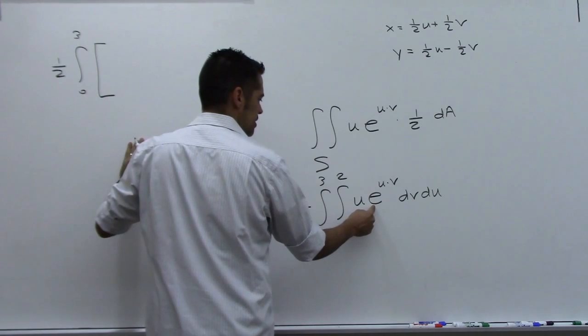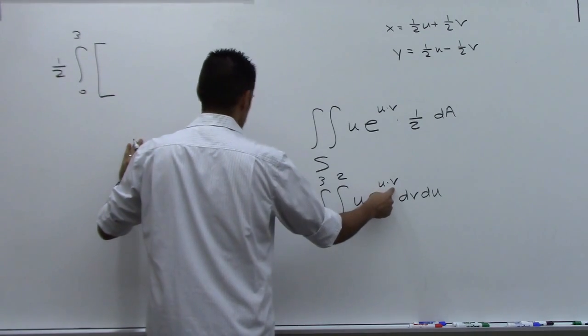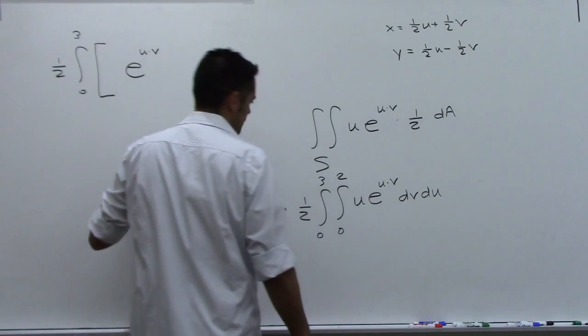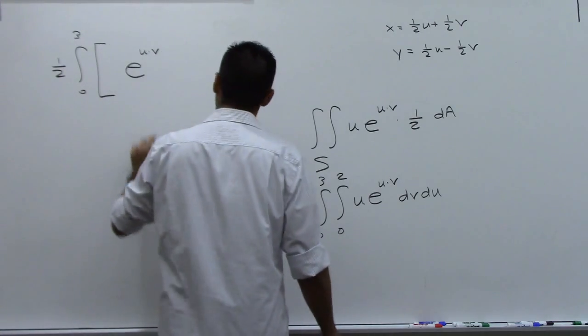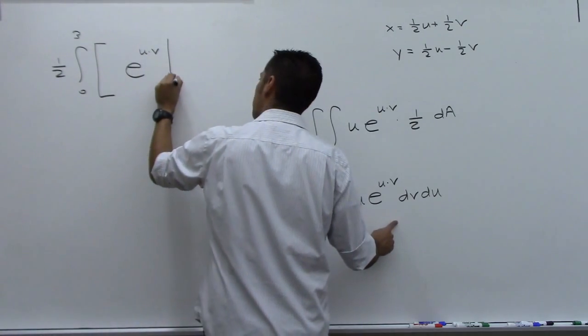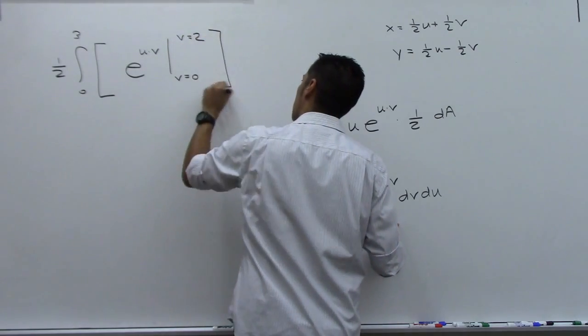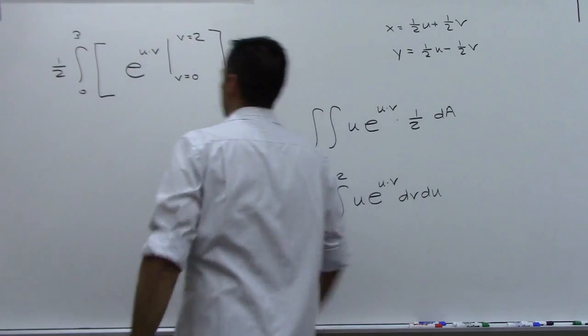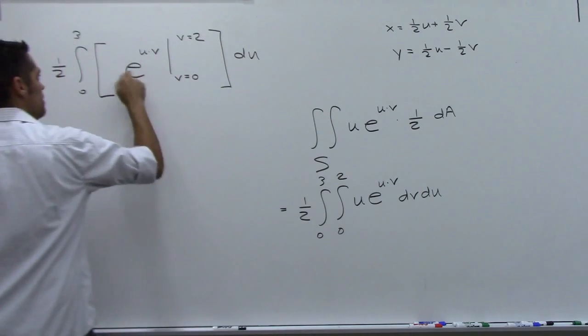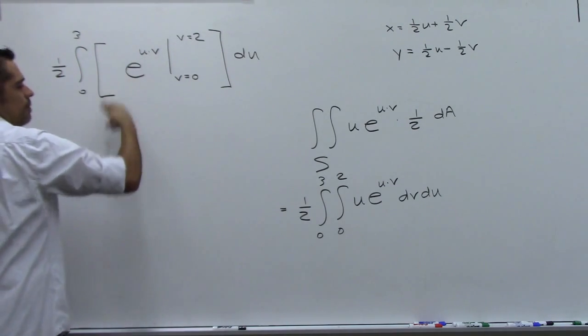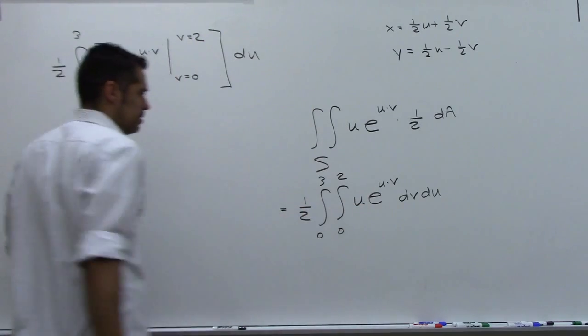Antiderivative of this whole thing with respect to v should be e to the u times v. Check it for yourself. Integrating that from v equals 0 to v equals 2, and then du. So just double check. If you take derivative of this, it's itself times derivative of what's up here with respect to v, which is u. So a u pops out, which is this.